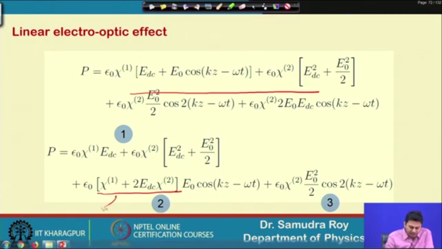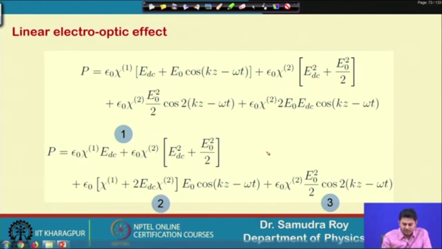This coefficient, now I write as chi effective. Effective means that instead of having susceptibility chi 1, I have chi 1 plus chi 2 multiplied by the additional EDC term. So, this combination we call chi effective.